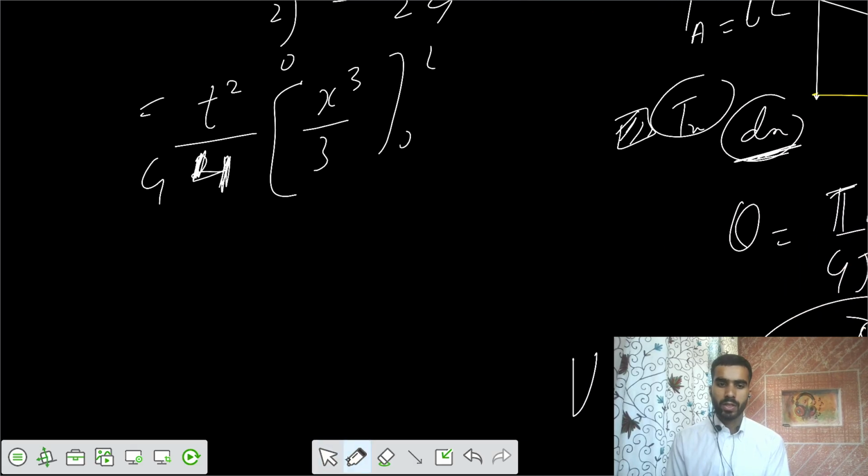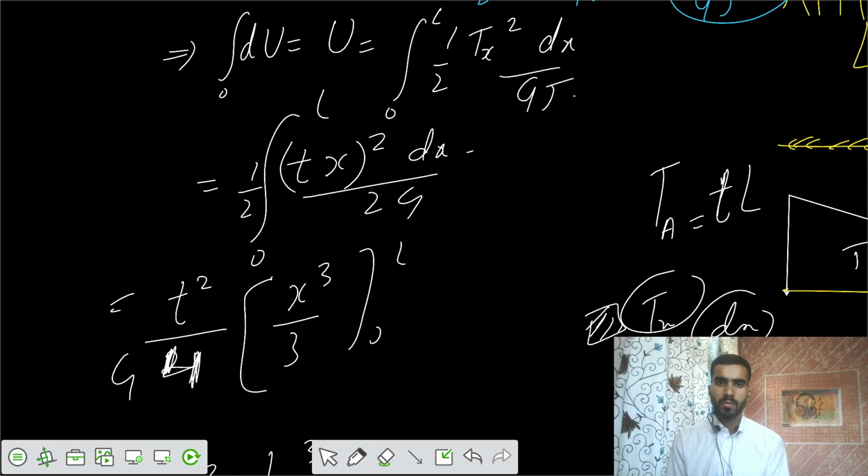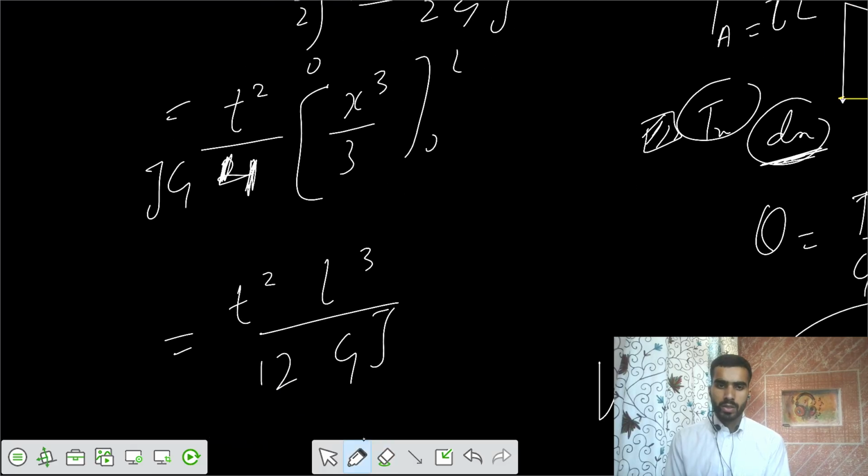So we get t square L cube by 12 GJ. We forgot the value of J. So is this the equation? t square L cube by 6 GJ.